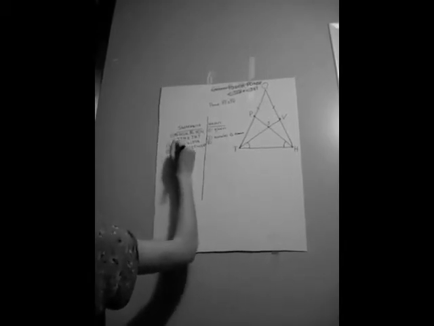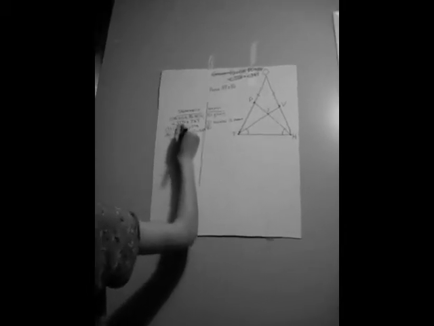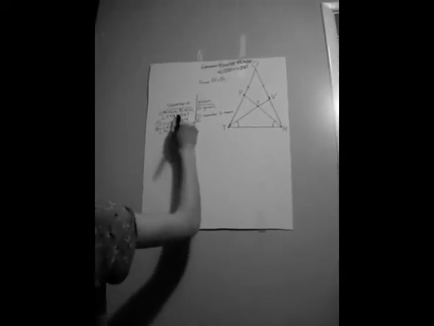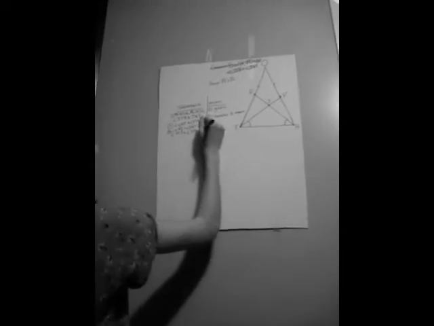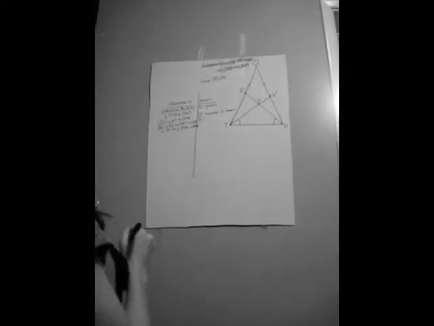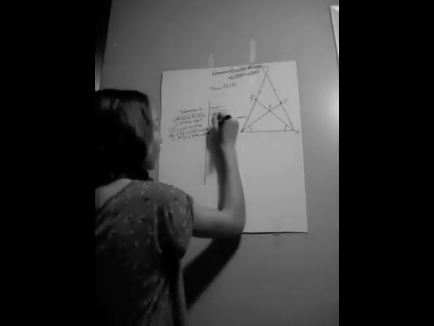And angle PTJ plus angle JTH equals angle PTH. And that would be angle addition postulate.